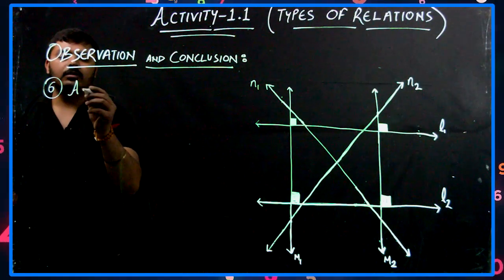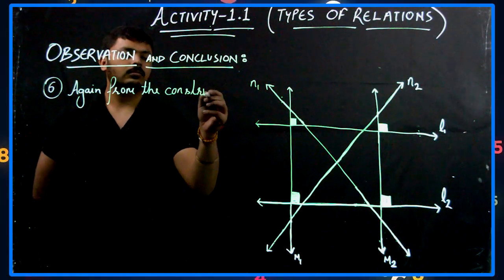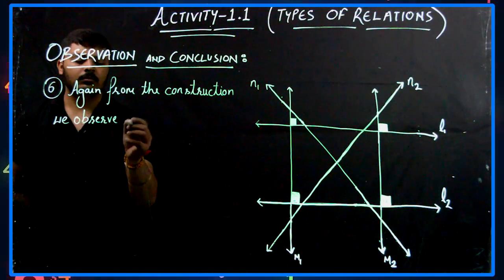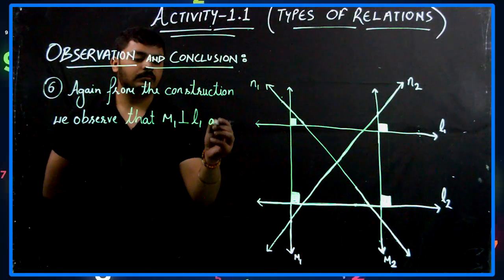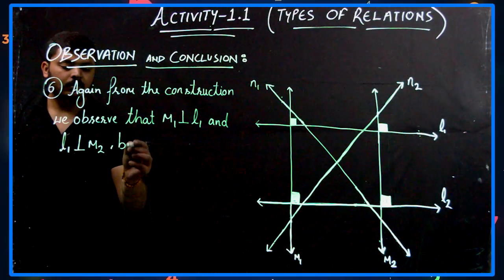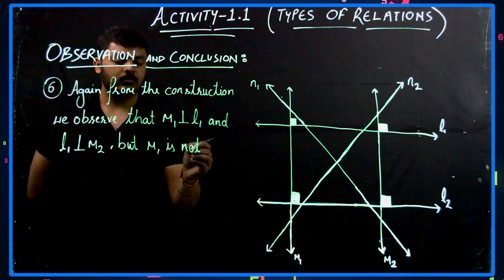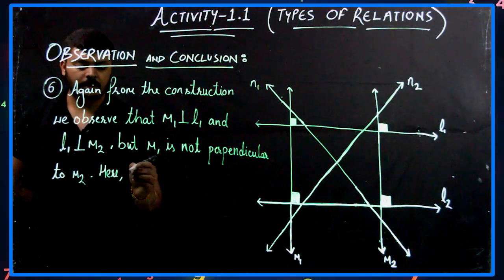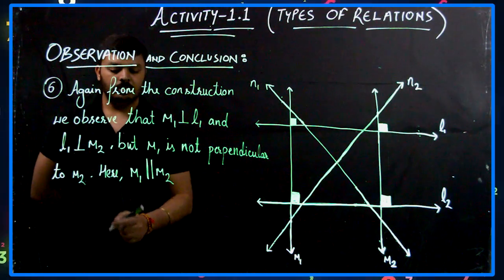Now in step 6, again from the construction we observe that M1 is perpendicular to L1 and L1 is perpendicular to M2, but M1 is not perpendicular to M2. Here, M1 is parallel to M2.